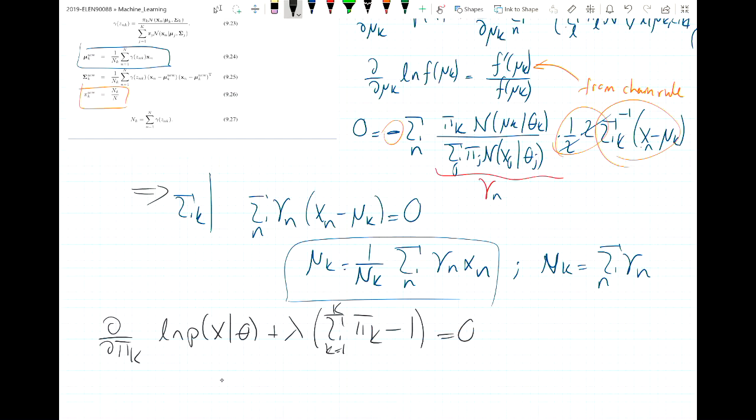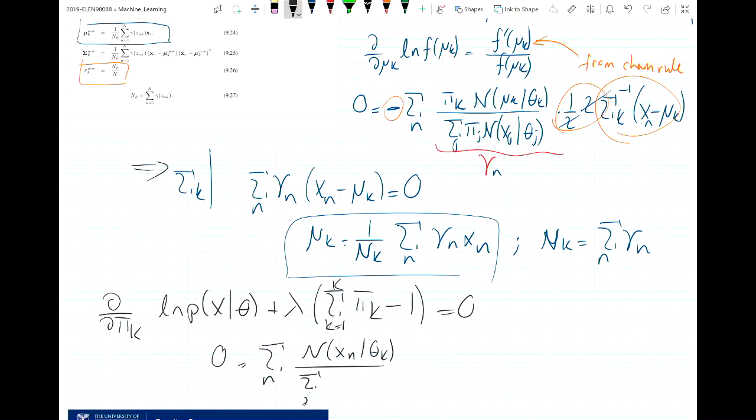You end up with 0 equals n, and then that's the same as the gamma. No, it's not the gamma. So it's without the pi k. So it's n x n mu k, let's say theta k, and divided by the sum over j pi j theta x n given theta j.